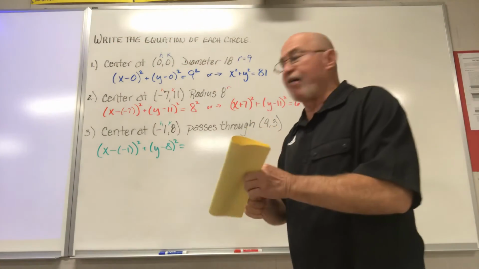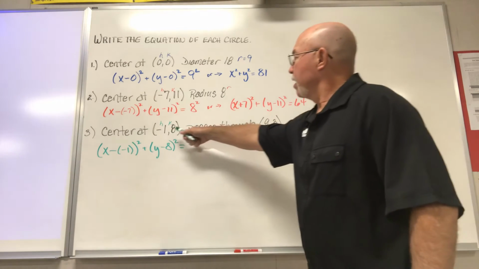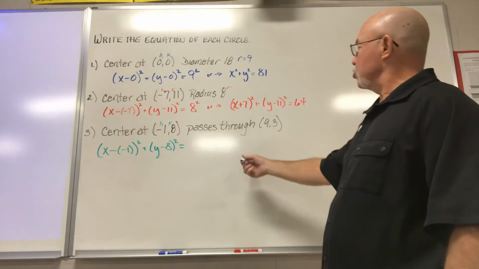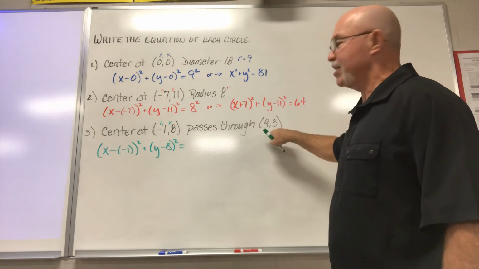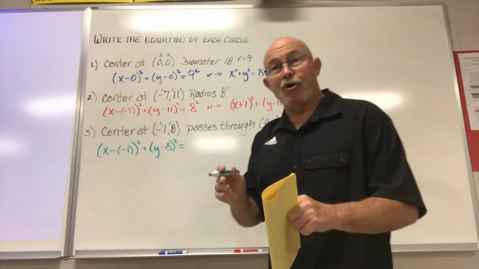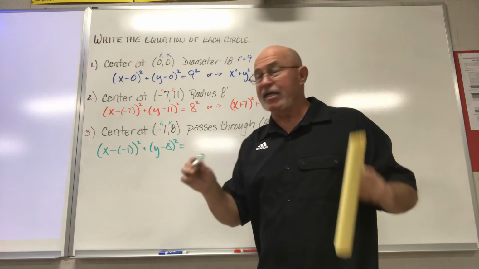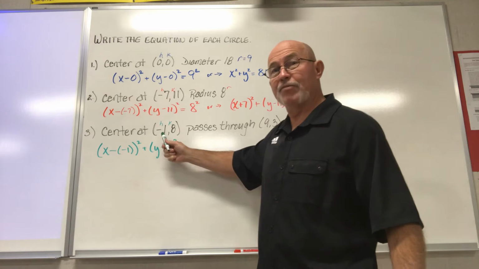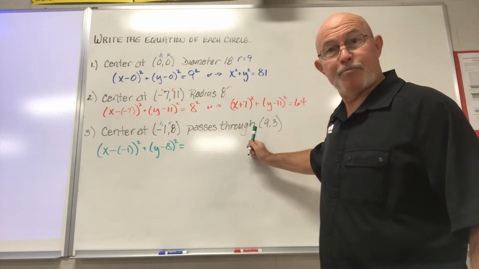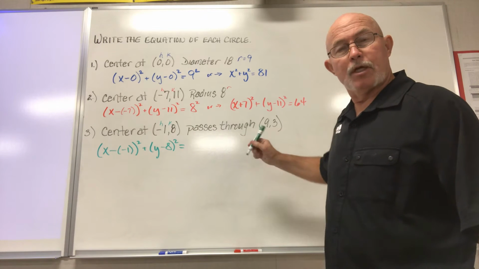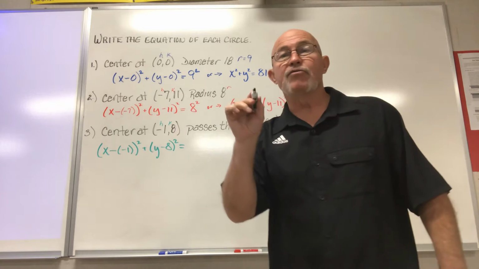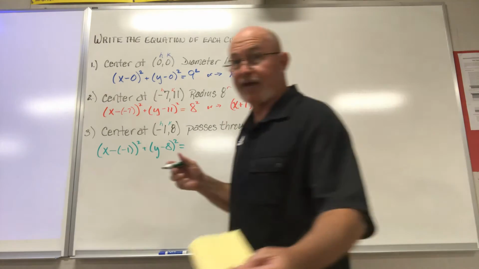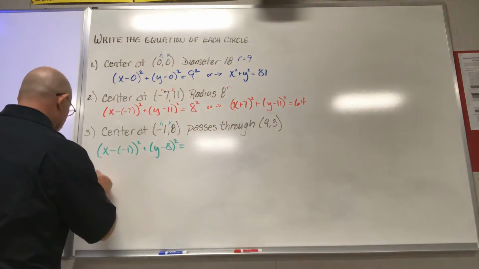What we do have is the center and a point the circle passes through. Remember, in a circle the radius is the distance from the center to any point on the circle. So we have to use the distance formula. So yeah, we're going to have to remember that.